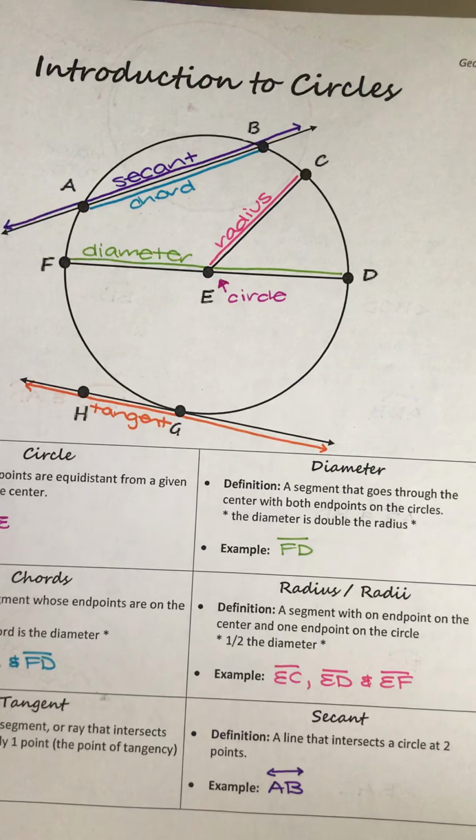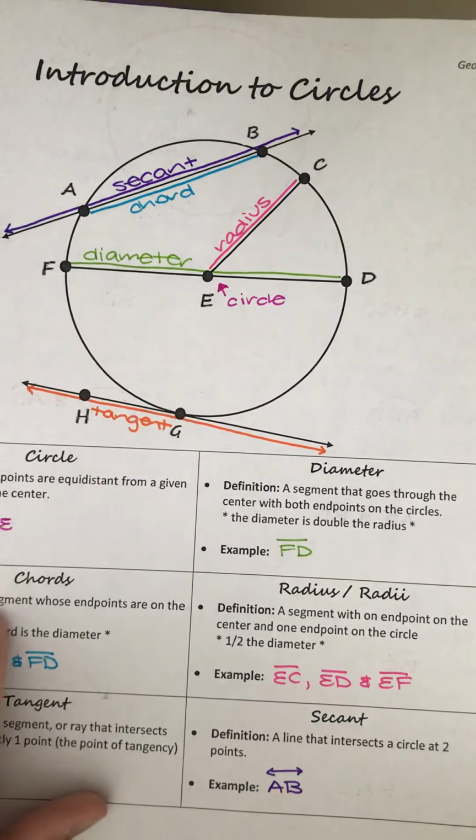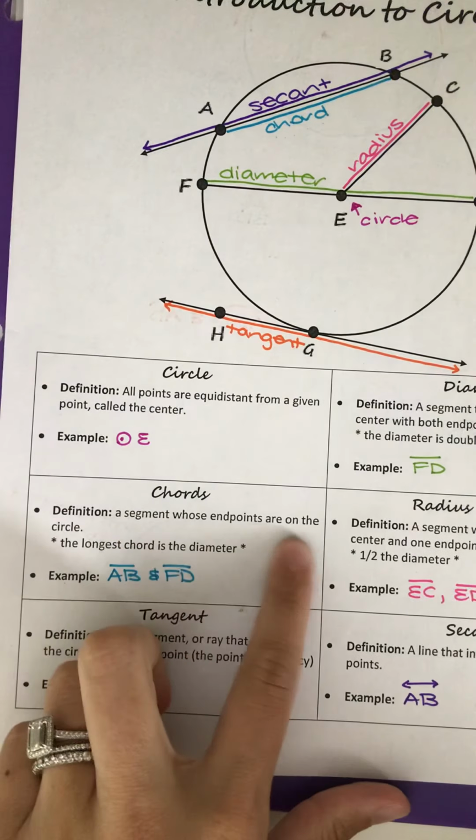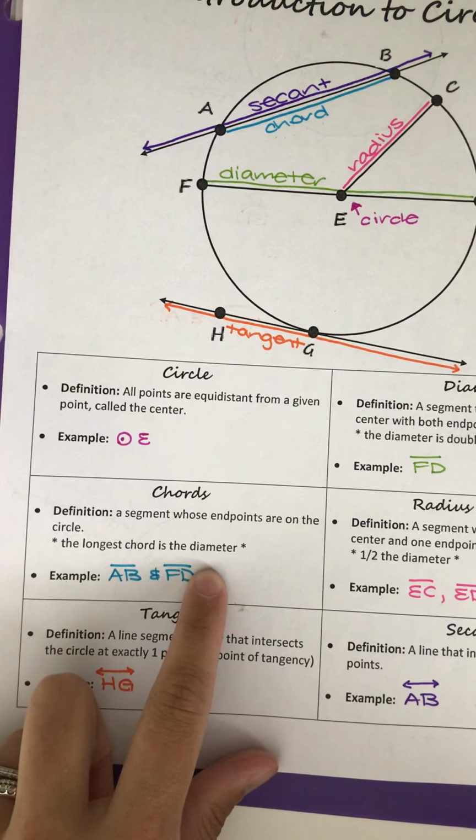Okay. The new words, the first word is chord. A chord is pretty much a diameter, except it does not go through the center. So it is a segment whose endpoints are on the circle. The longest chord is the diameter.